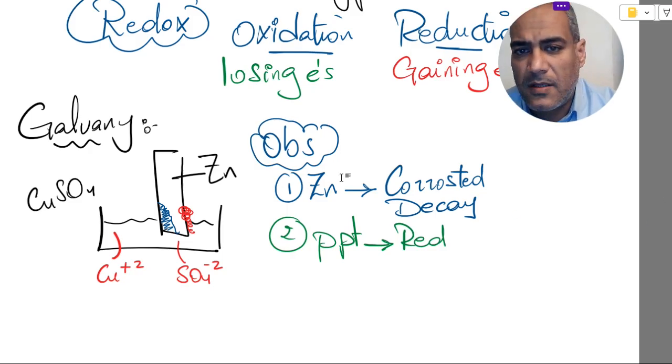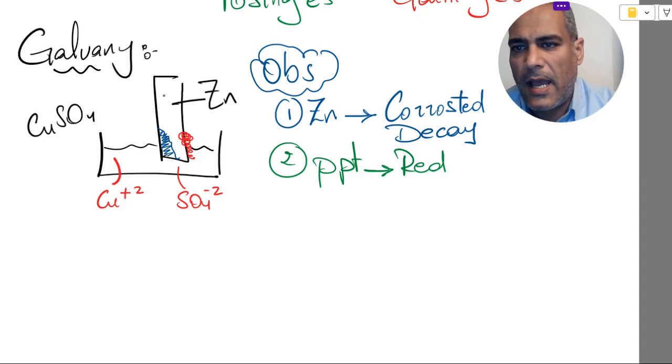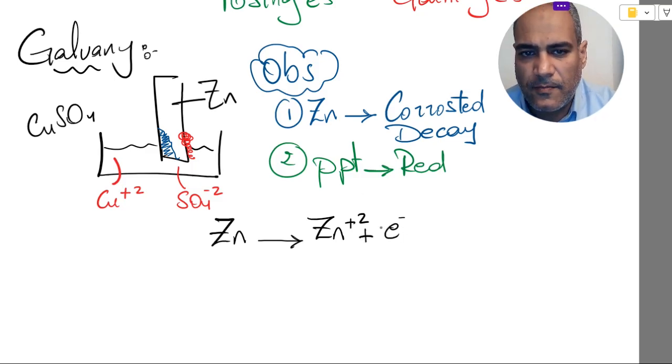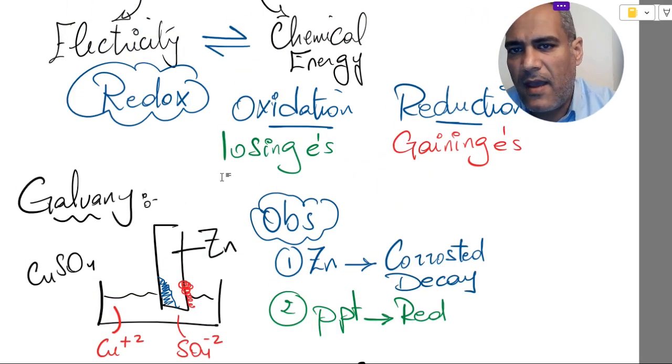If the zinc is corroded and dissolved in the solution, then the zinc is transformed into a zinc ion. How is the zinc transformed into zinc ion? This is done by losing two electrons, and as we explained before, losing electrons is oxidation.